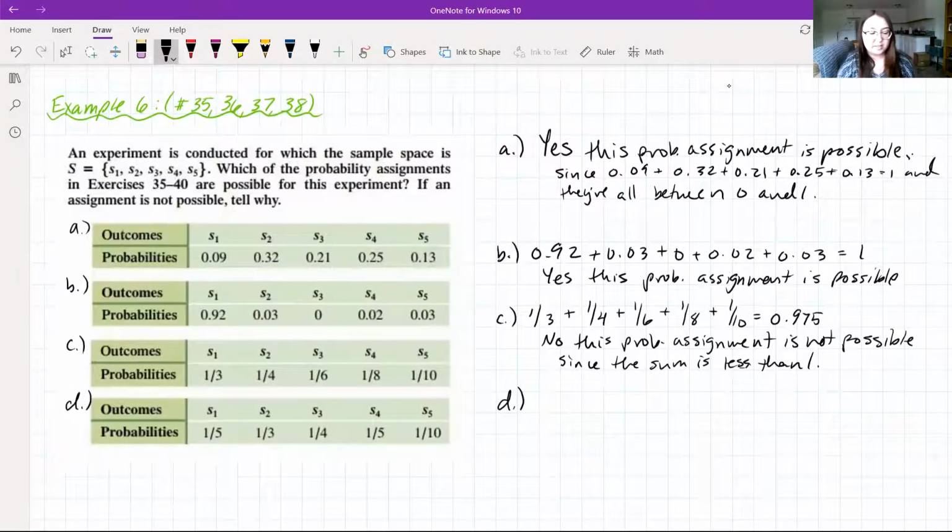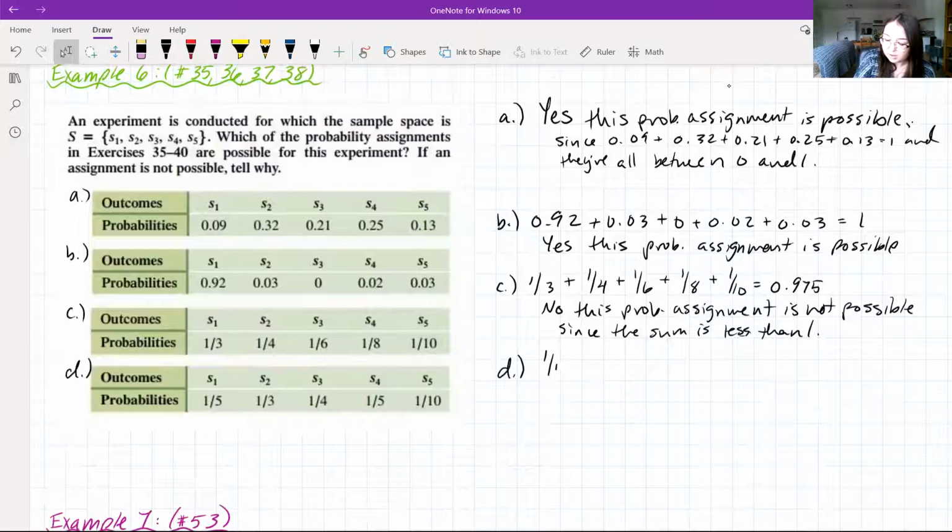Then for our last part, D, we have all of our outcomes. Now we have our probabilities, which are 1 over 5, 1 over 3, 1 over 4, 1 over 5, and 1 over 10. Once again, they're all between 0 and 1. Nothing's less than 0, nothing's greater than 1. Now we just need to check the sum, just like before.